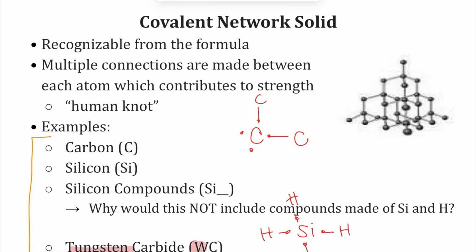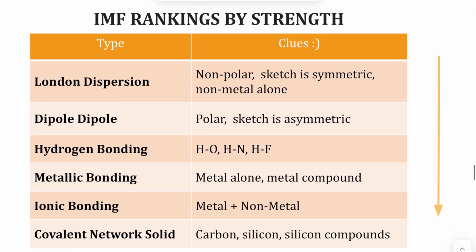Those are the three specific groups that have covalent network solid as their IMFs. All right, so we went through these ranking by strength. We went from nonpolar to polar, and then lots of sharing, and so polar they can't even share, and covalent network solids. So our weakest is London dispersion, and our strongest is the covalent network solid.